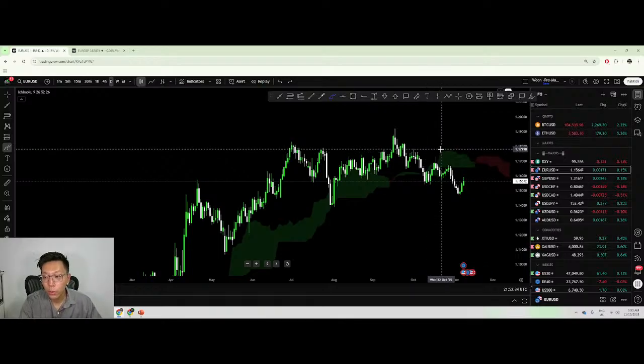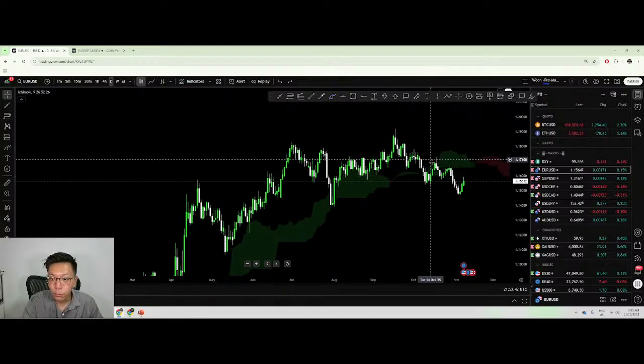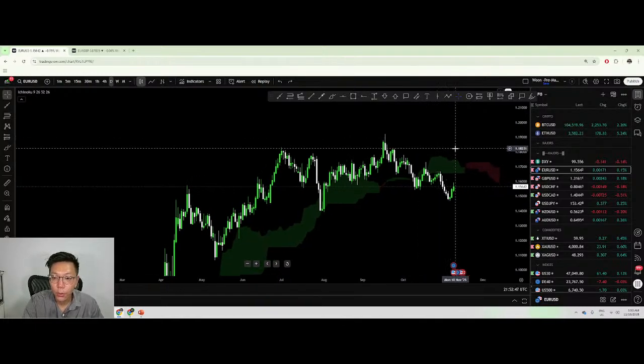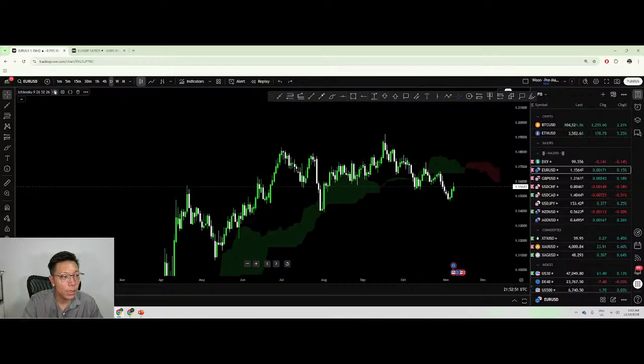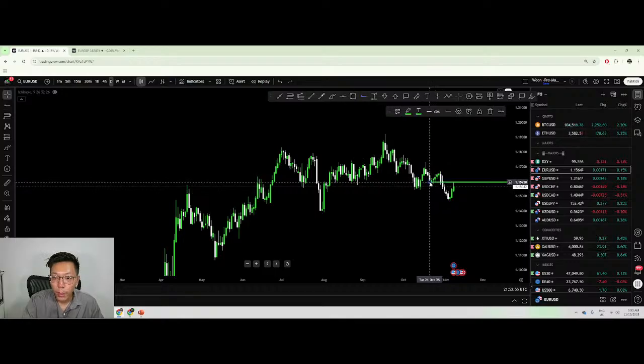So what we want to look at is potential sell opportunities in the market. What I am looking at right now is this pullback area.